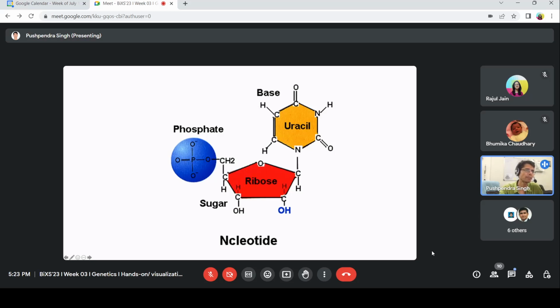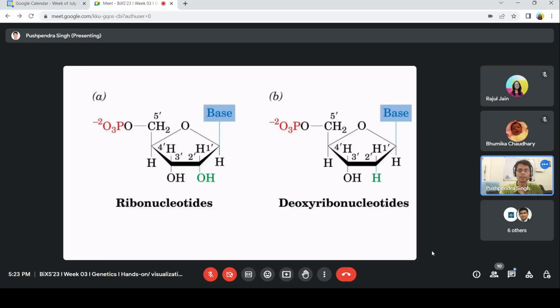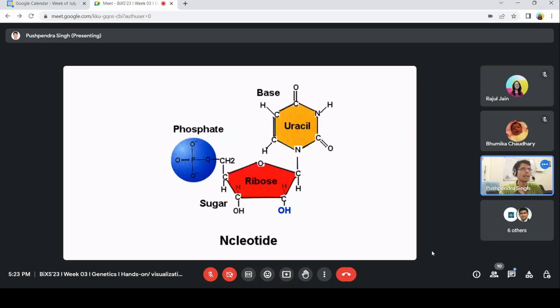It's this type of pentameric structure, and the numbers are also given to these different positions. We'll come to that. And there is uracil shown here. So this is basically for RNA, because uracil is present only in RNA, not in DNA.